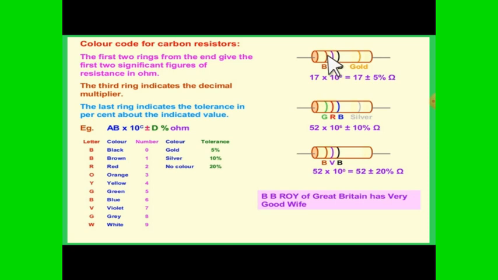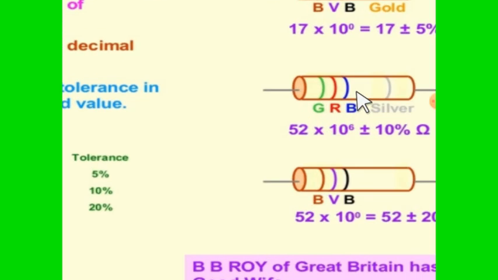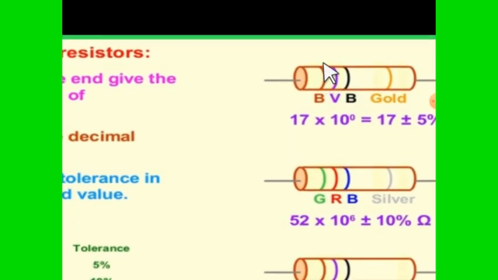Whatever those 3 colors which are very close to one another, that will be treated as first, second, third, and the farthest one out of the 4, we will call that ring tolerance. So this will be the first ring, then second ring, then third ring, and then this one will be the 4th one.